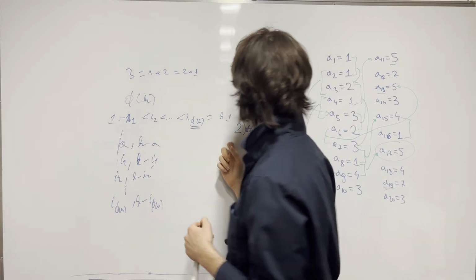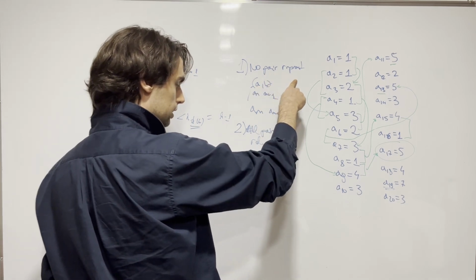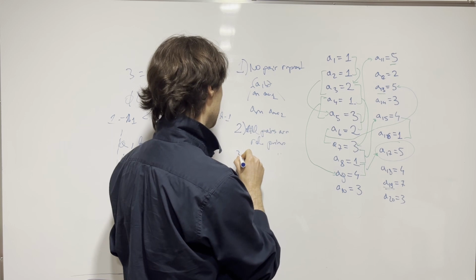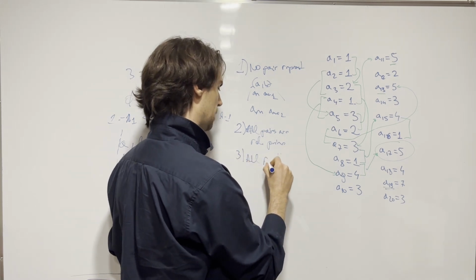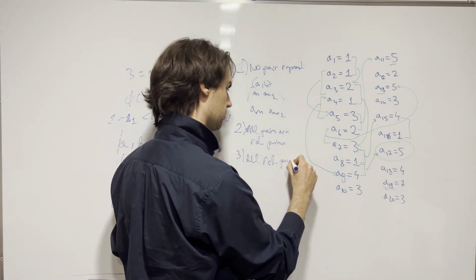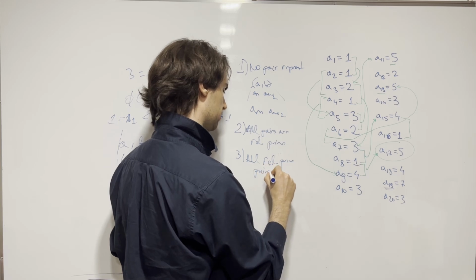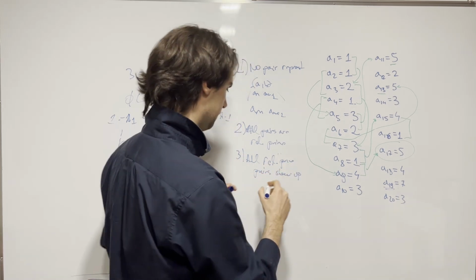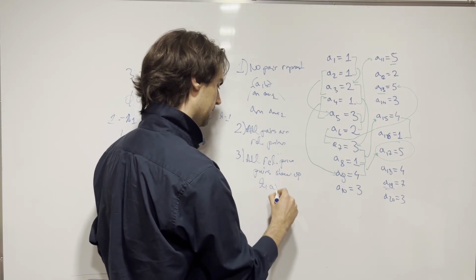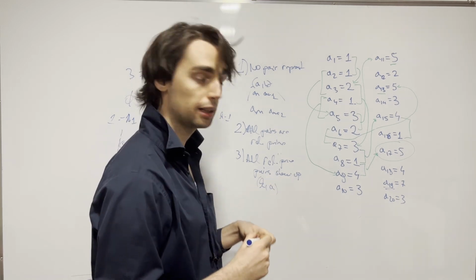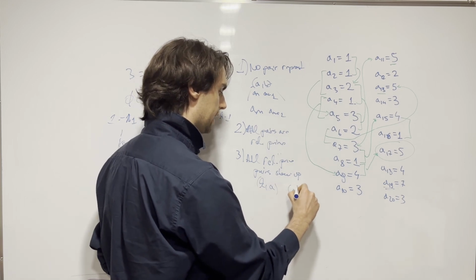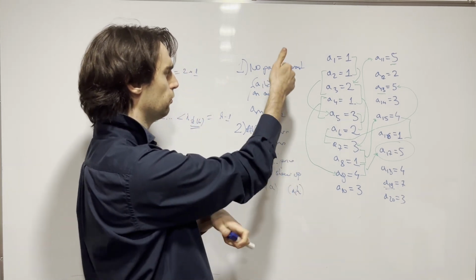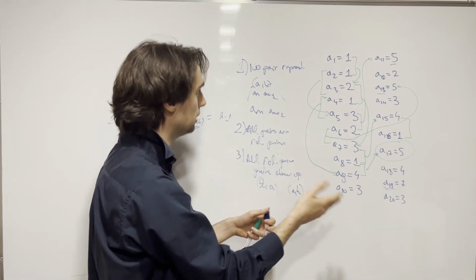So we have: no pair repeats is 1, all pairs are relatively prime, and all relatively prime pairs show up. So we need to have that if k and a are relatively prime, the pairs (k, a) and (a, k) both show up.